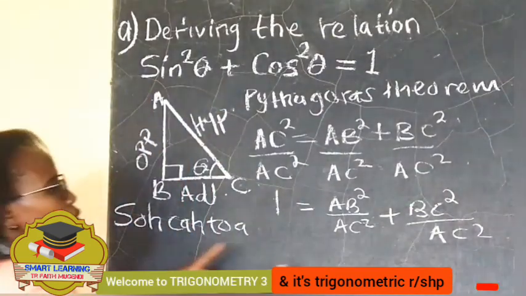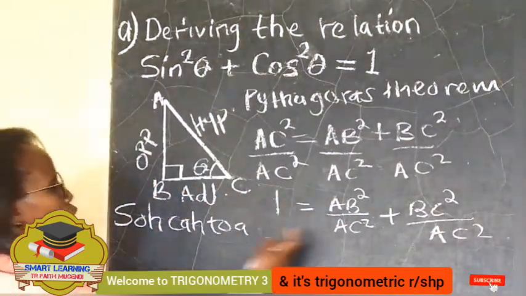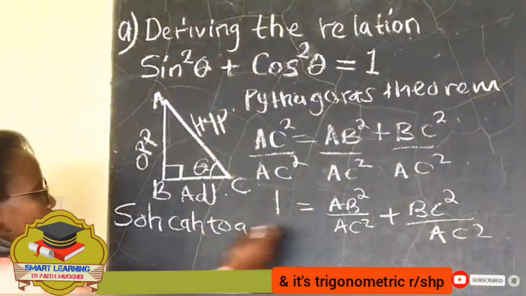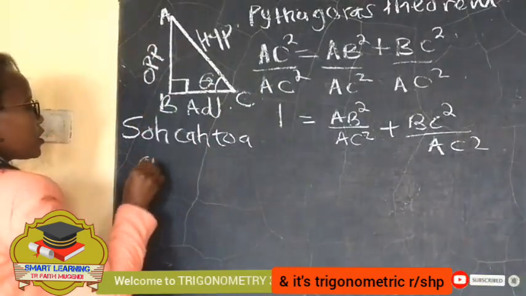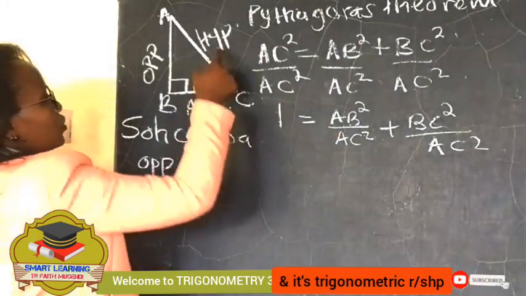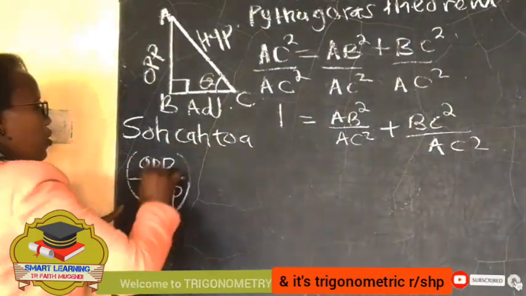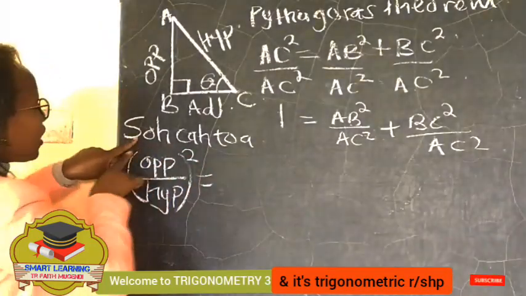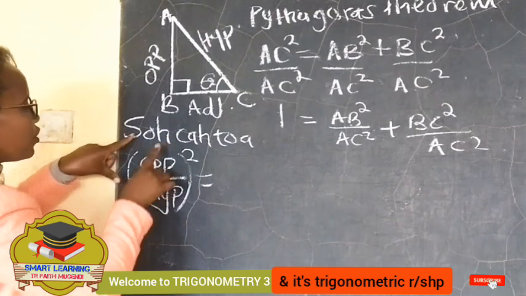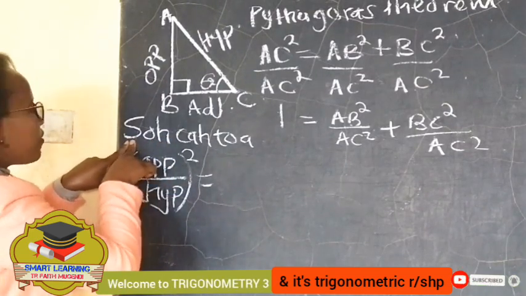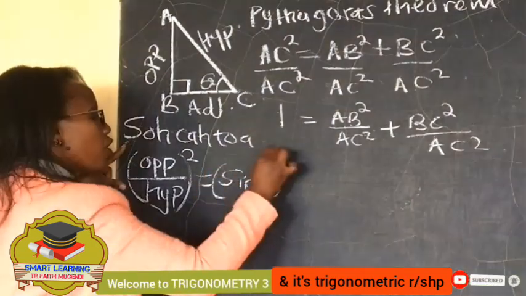Now, when we look at what we have here, AB is opposite over AC, which is the hypotenuse, and this is squared. This means that opposite over hypotenuse refers to sine theta, now squared.